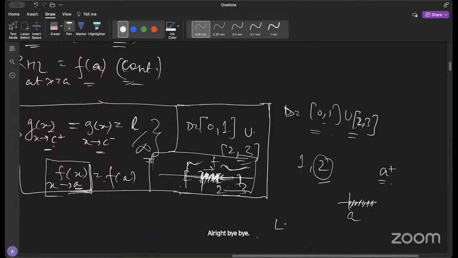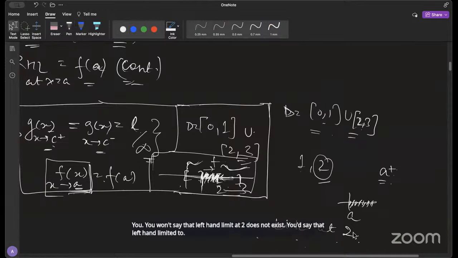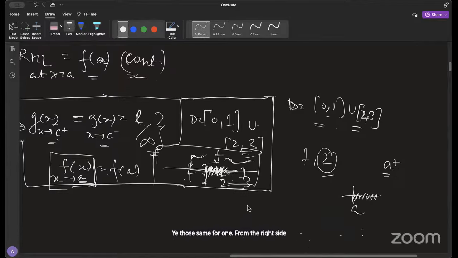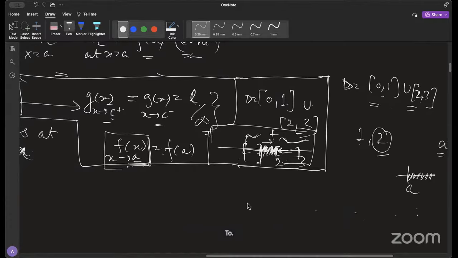So you won't say that the left-hand limit at 2 does not exist. You'd say that the left-hand limit at 2 you can't find. There's no concept of left-hand limit at 2. Ma'am, similarly, it goes with 1 also. Yeah, it goes the same for 1 from the right side.